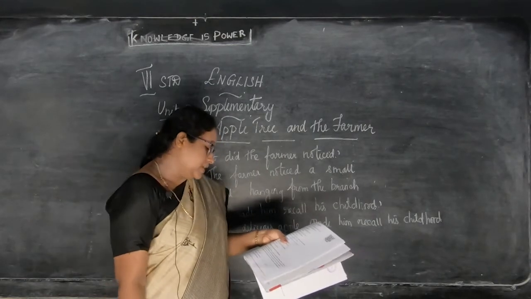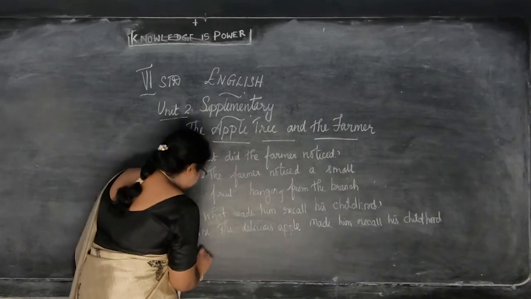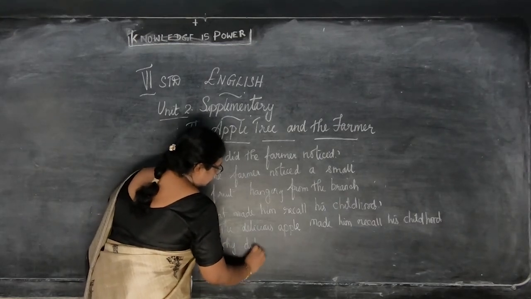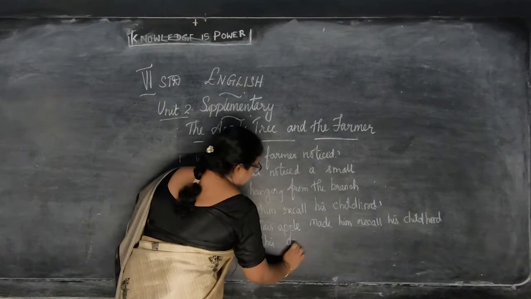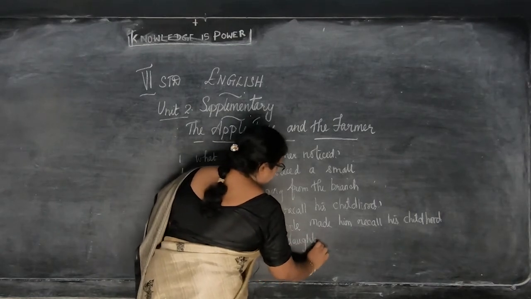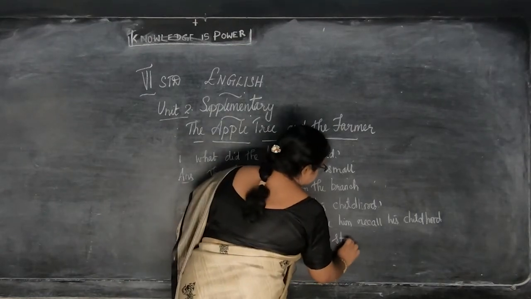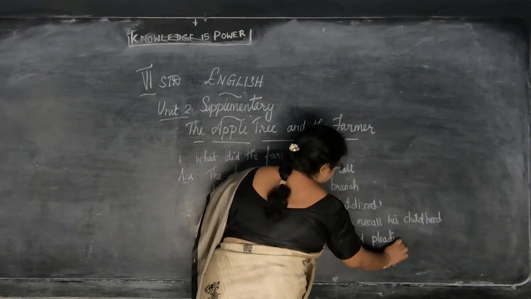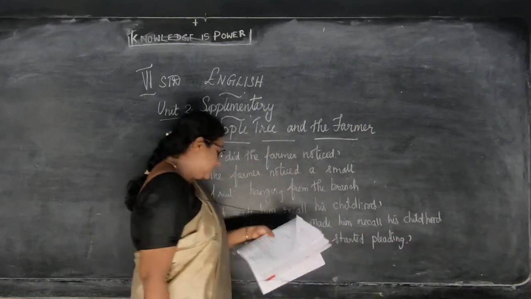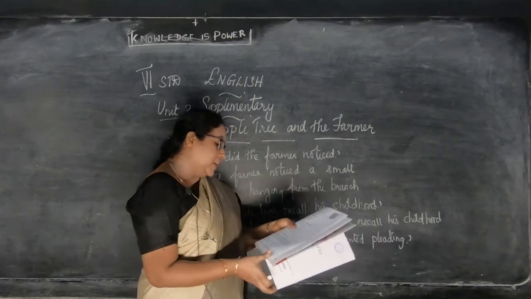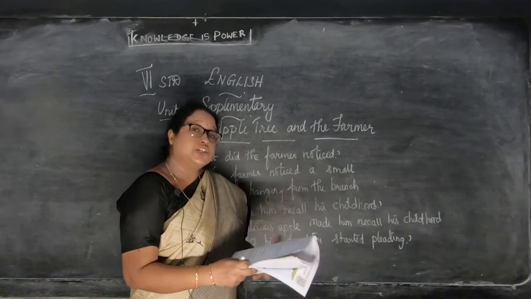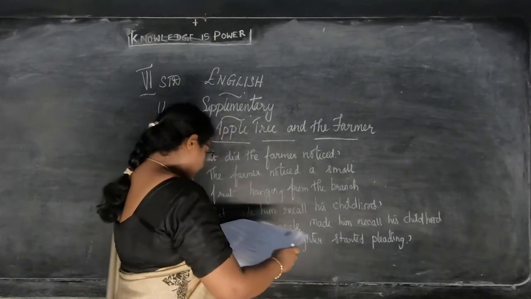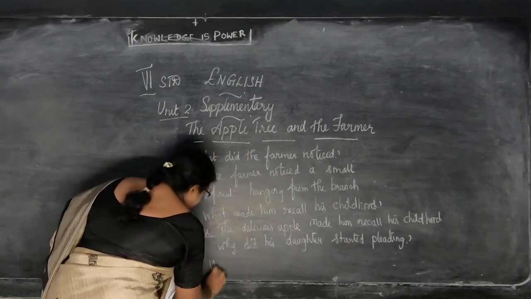So what is the next question? Why did his daughter start pleading? So what is that, children? The daughter saw the changed expression in her father's face, so she started pleading to him. So what is our answer?